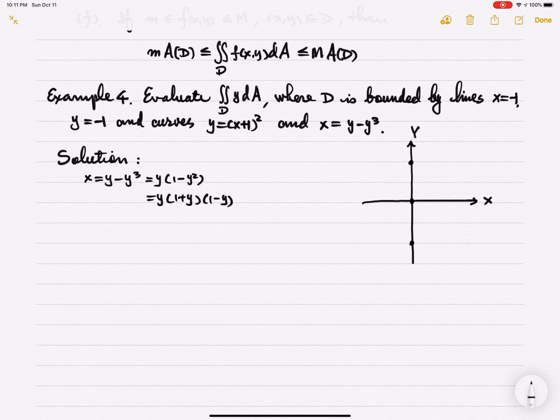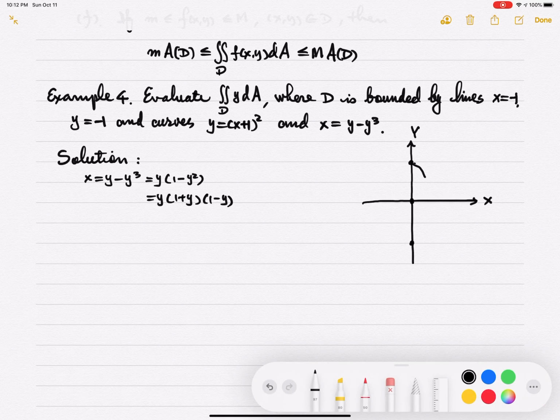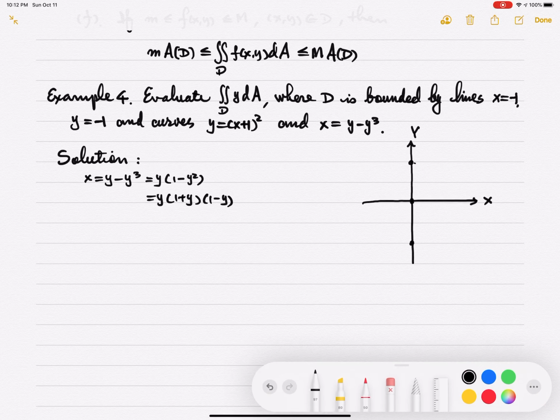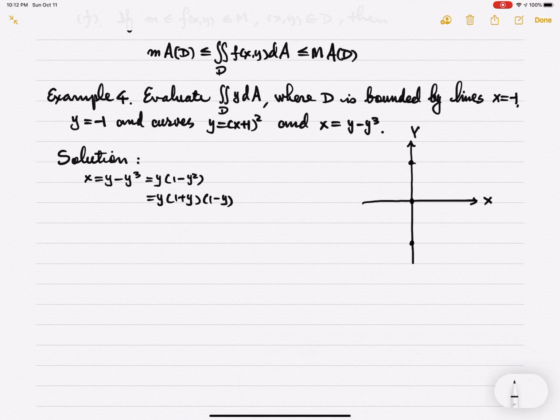Well, when you think about y between 0 and 1, then y, 1 plus y, 1 minus y are all positive. Okay, so here this side is positive. I think I'm going to draw a little bit better. You can plot several points.